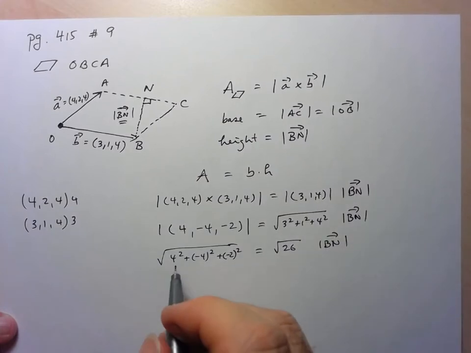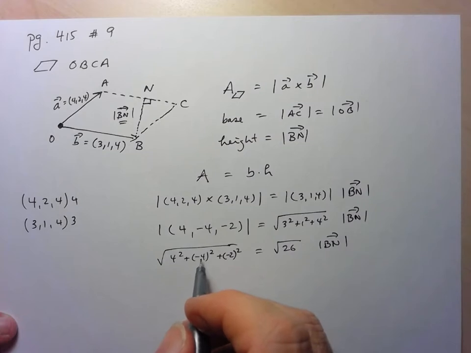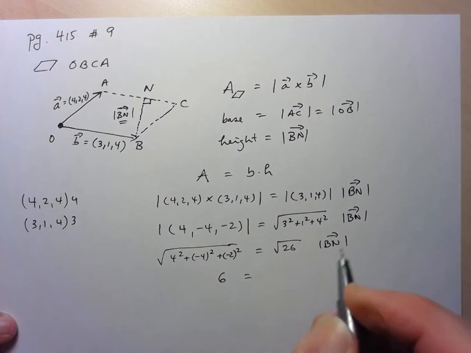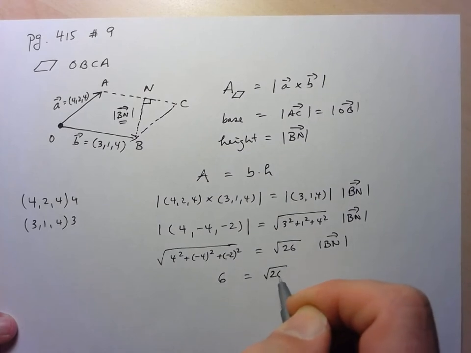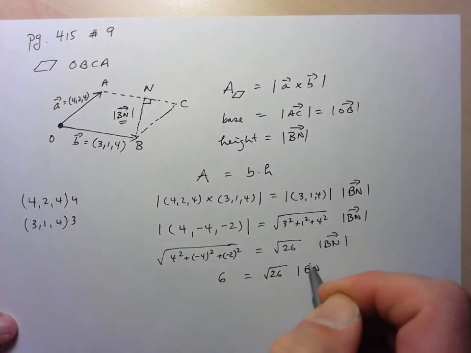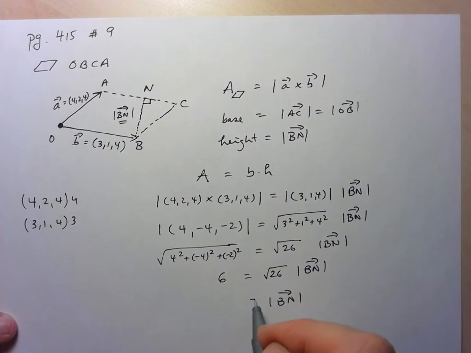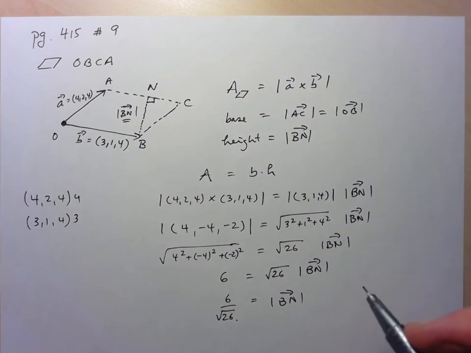And here we have 16 plus 16 is 32, plus 4 is 36, so that's just equal to 6, the area of the parallelogram. And so the length that we're looking for, which is the magnitude of that vector BN, is just equal to 6 over root 26.